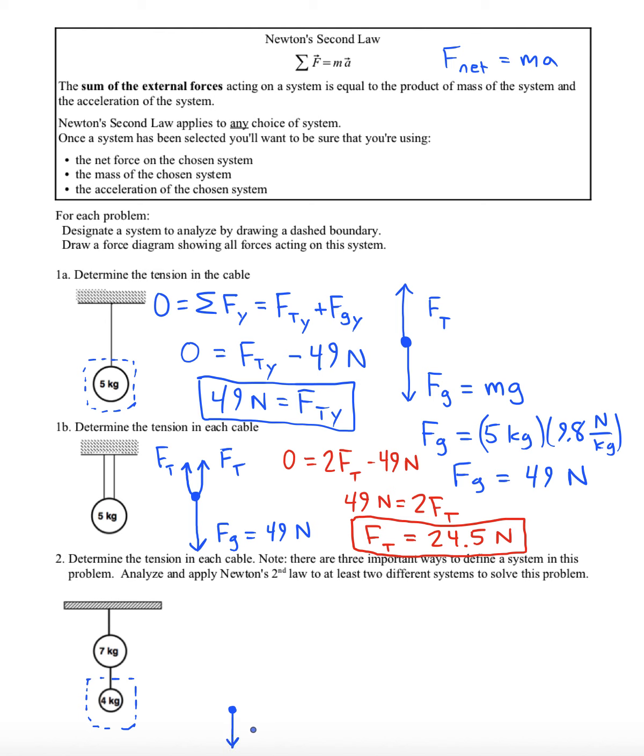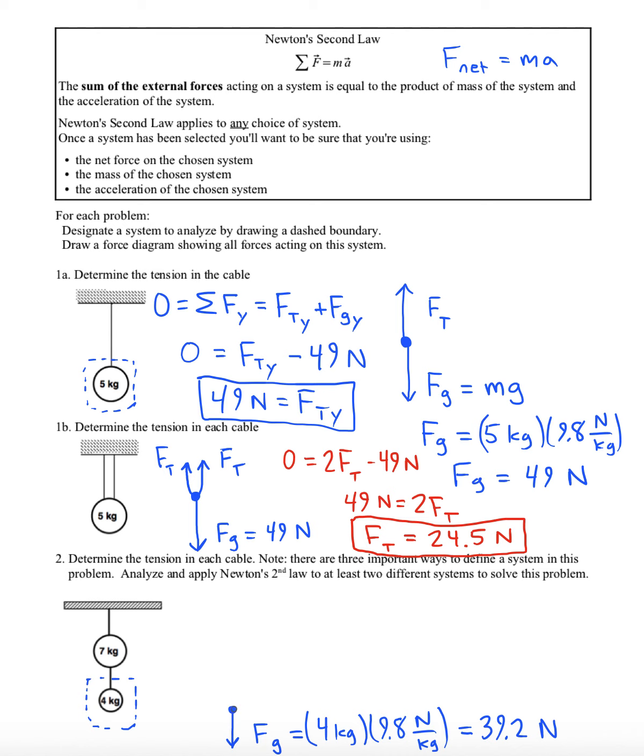The 4 kilogram object will have a weight equal to 4 times 9.8. Kilograms cancel and we'll be left with 39.2 newtons. Okay, we have the weight of it.